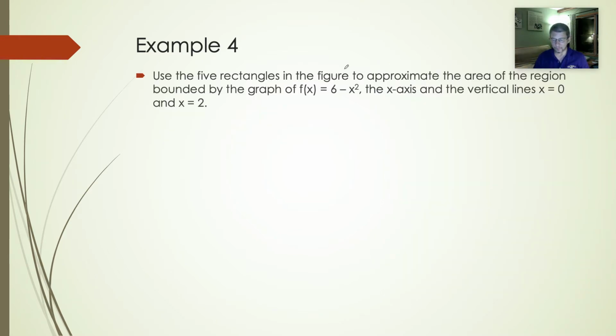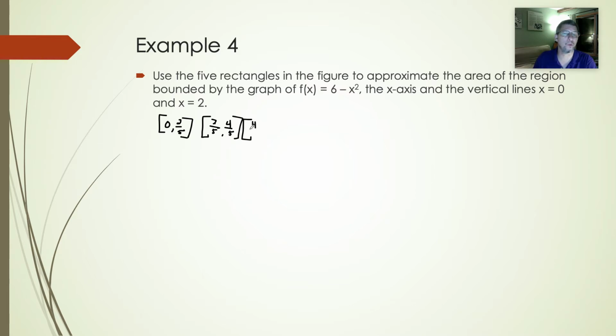Now, how are we actually going to calculate this? The first thing we should do is think about what the intervals are. You don't have to write these out every time, but the first interval is 0 to 2/5. The second interval is 2/5 to 4/5. The third interval is 4/5 to 6/5.